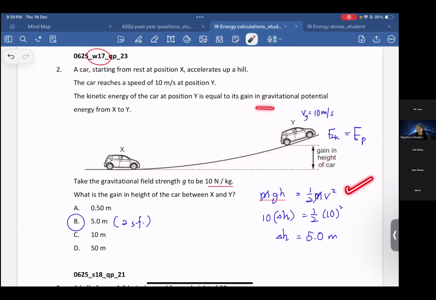So from this sentence, we know that mgh equals 1/2 mv squared. The mass and mass we can cancel out, because from starting to ending, we are the same object. The car is the same object. Then after that you do substitution, you get the answer 5.0 meter. Okay, is that clear, dear?